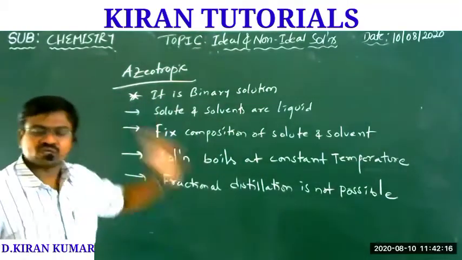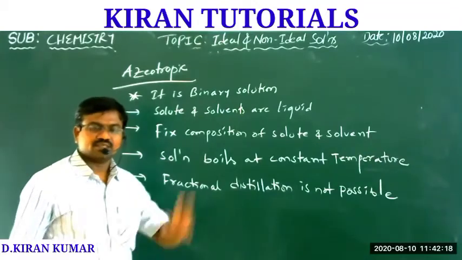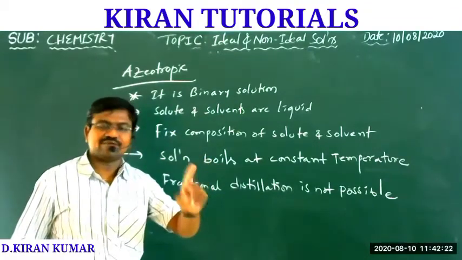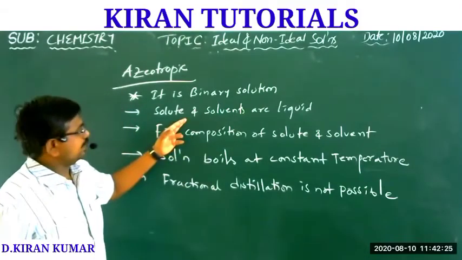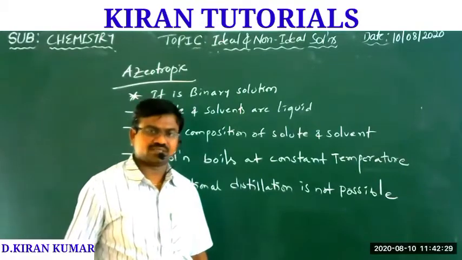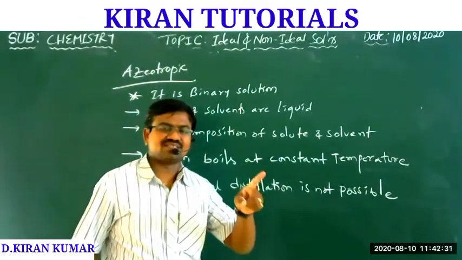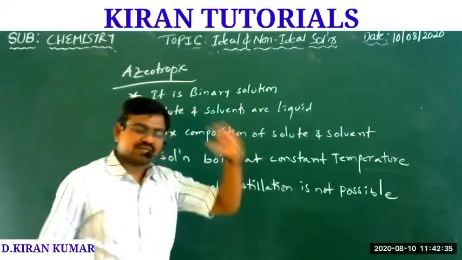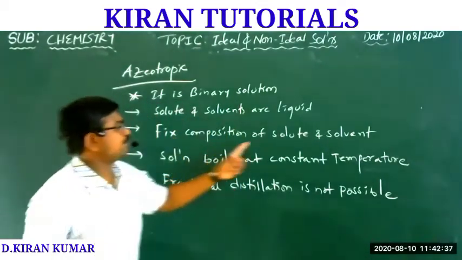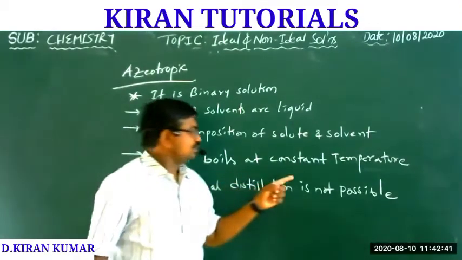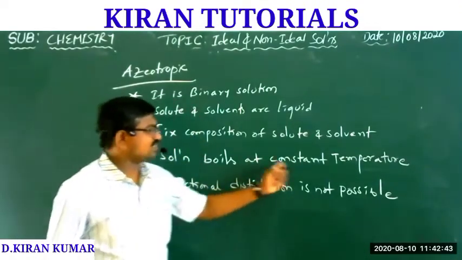It is a binary solution, meaning only two components are present, one solute and one solvent. The solute and solvent are liquids, and they are present in a fixed ratio, meaning fixed composition of solute and solvent. And the solution boils at constant temperature.